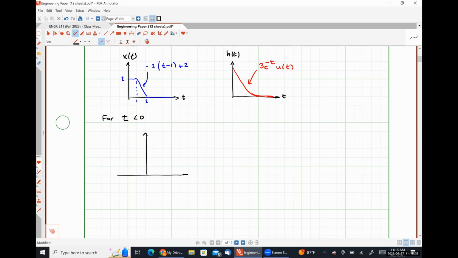For t less than 0, this is our tau axis. So our piecewise function is still going to look like this, and then our exponential function is going to look like this. There's obviously no overlap, so the result of this convolution for this part should be 0, right?